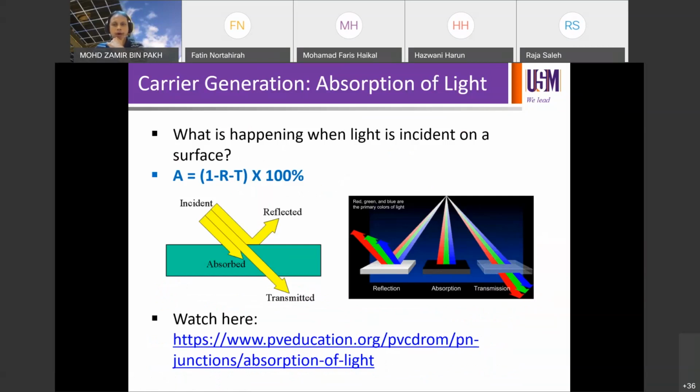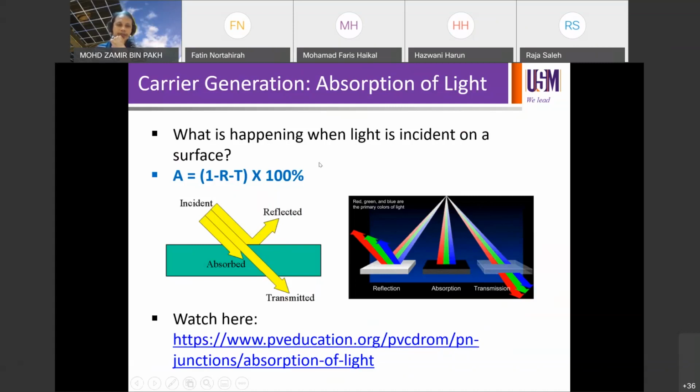So what is happening when light is incident on a surface? What happens to light when it hits a surface? For example, in our daily life, if you're combing your hair in front of a mirror, what happens to the light before you can see yourself?